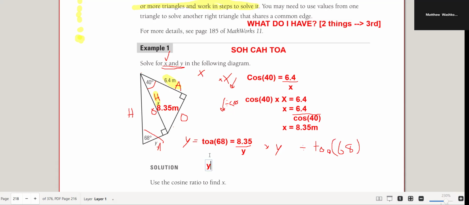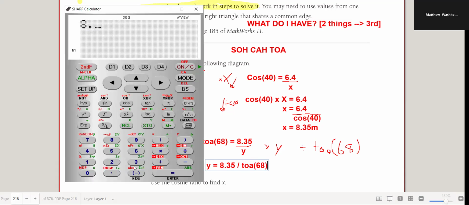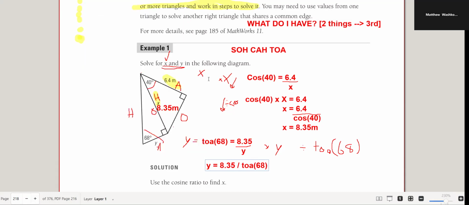If I do that, I should get Y is equal to 8.35 divided by tan of 68. Oh, sorry, why am I putting TOA? It's tan. My bad, guys. So that's 3.37 meters.